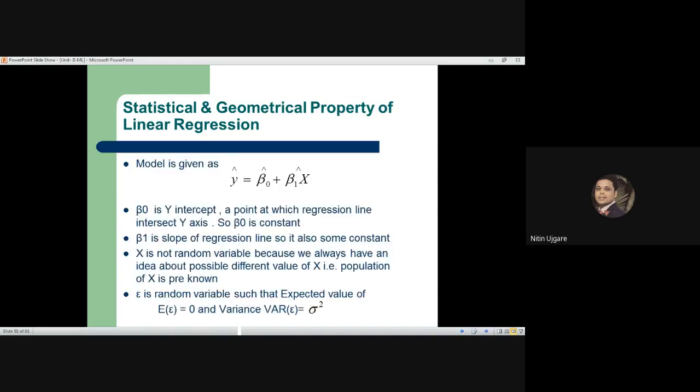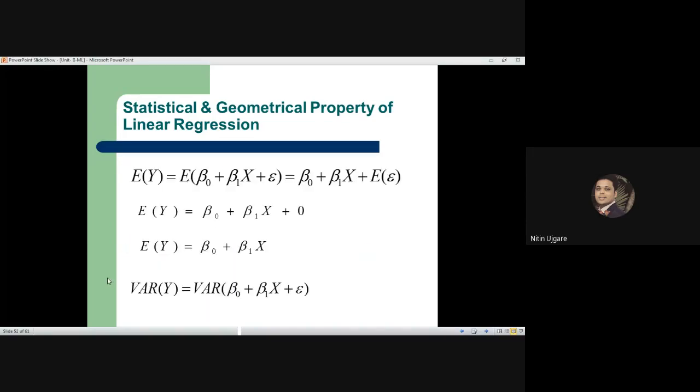We have mentioned that the expected value of this random variable is 0; we are considering the random error component to be 0. So the expected value of y is beta 0 plus beta 1 of x, and this is the equation of linear regression that we have seen.